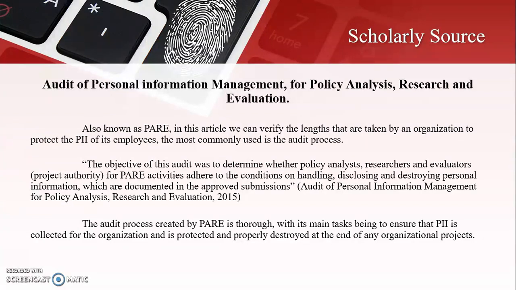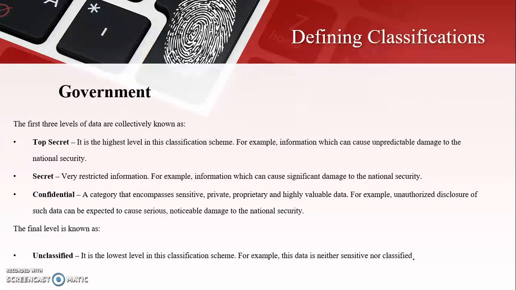The objective of this audit was to determine whether policy analysis researchers and evaluators, project authority for PAIR activities adhere to the conditions on handling, disclosing, and destroying personal information, which are documented in the approved submissions. The audit process created by PAIR is thorough, with its main task being to ensure that PII is collected for the organization and is protected and properly destroyed at the end of any organizational projects.